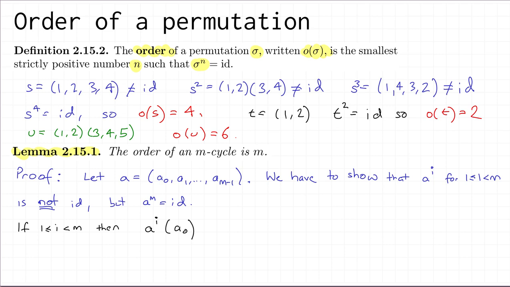Doing it 3 times sends it to a3, and doing it I times will send it to ai. And of course, in cycle notation, all of the numbers a0, a1 up to am minus 1 must be different. So this is not the same as a0. So a to the power I is not the identity, because it sends a number a0 to something which wasn't a0.